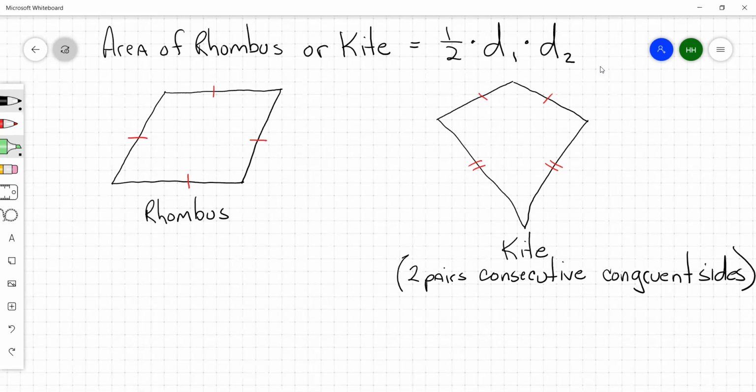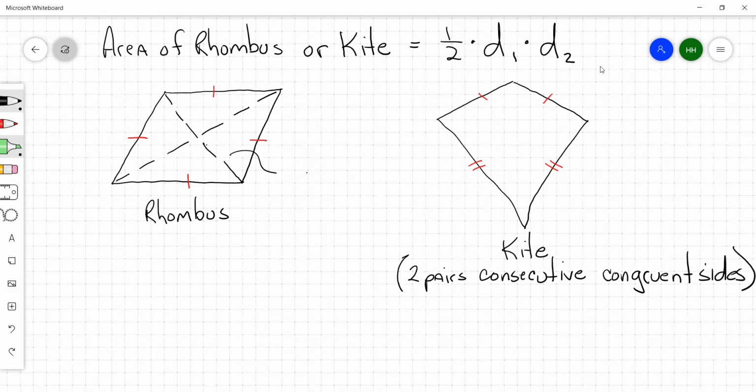Now, in this rhombus, here's your diagonals right here. There's one diagonal. Here's the other one. Make your picture hit that vertex right there. I still missed it. There.